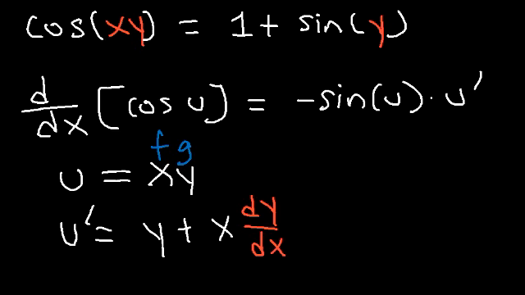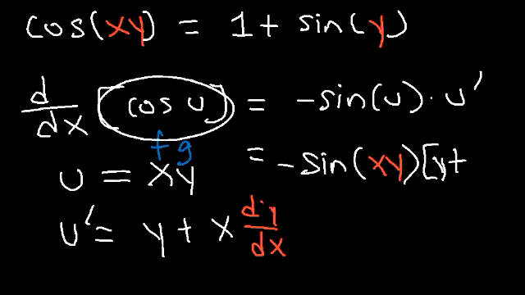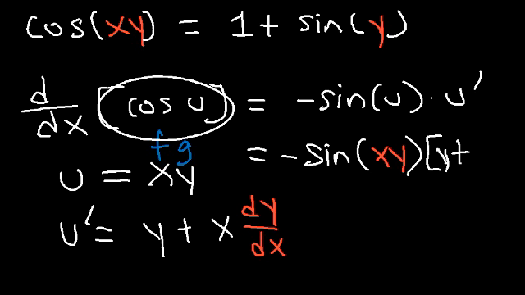So using this formula, the derivative of cosine u, or cosine xy, is going to be negative sine xy times the derivative of the inside, which is y plus x dy dx.